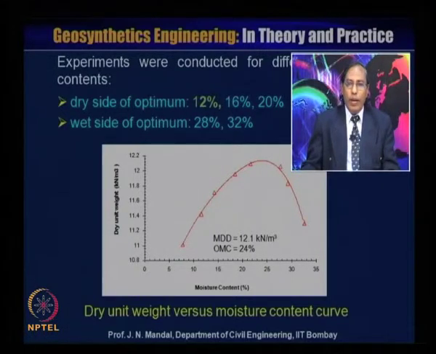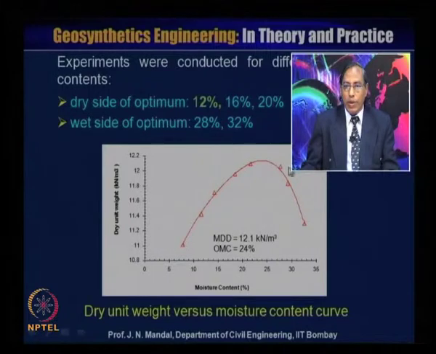Now, we have selected some moisture contents on the dry side. So, 12% moisture content is selected, then 16%, then 20% on the dry side of the optimum. And similarly, this is the optimum moisture content.